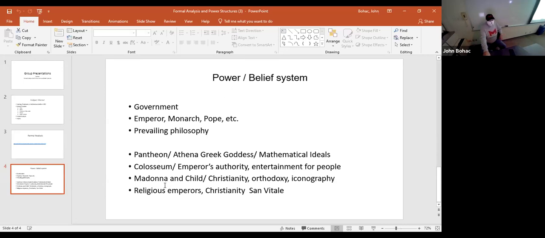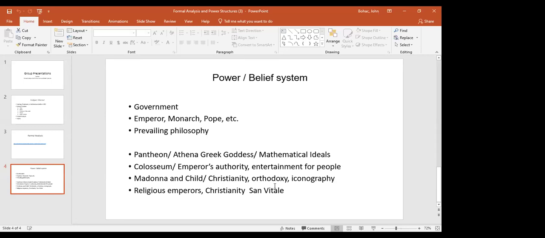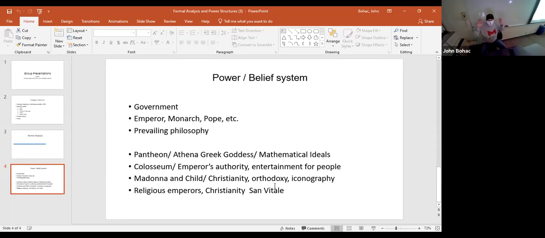Madonna and Child, same kind of thing we were talking about with Christ. And it's about Christianity and orthodoxy. And so, Armani, you ask about that, about the Great Schism, how they broke apart. Well, the Roman Church wanted to actually be more, quote, liberal, and the Eastern Church was more conservative.